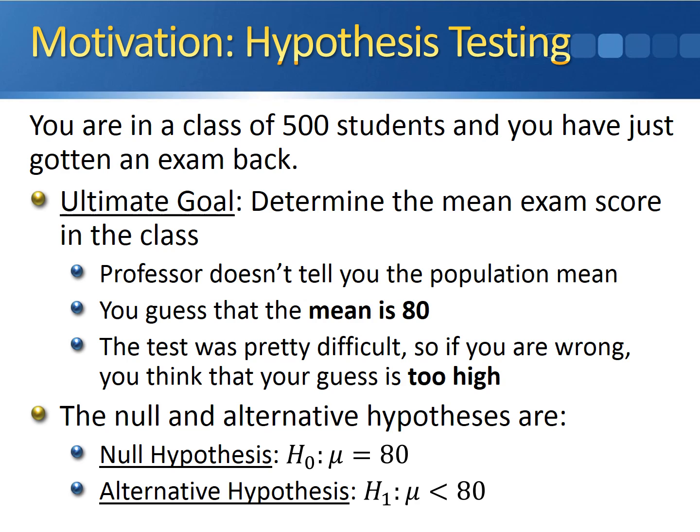We think that our exam score is 80, that's represented in the null hypothesis, but if we're wrong, we think that 80 is a little bit too high. We think that guess is too high. So in the alternative, we reflect that notion and we say, if the null hypothesis is wrong, we think the alternative is true. The alternative is going to be mu less than 80.